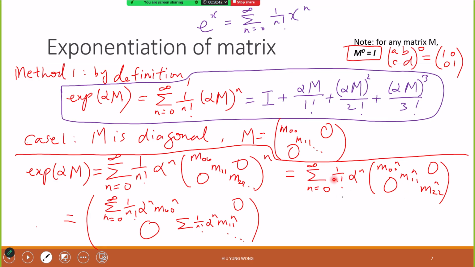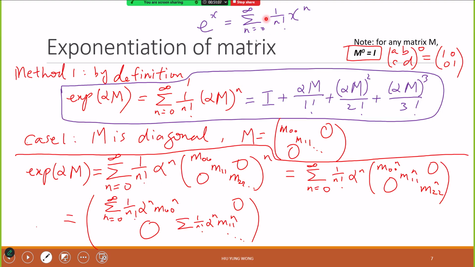First, this is a number coefficient, so I can just multiply this to each of the terms, right? That's why I get 1 over n factorial alpha to the power n, m00 to the power n. Same for other terms. And then it is just addition, right? So if I add this matrix together, it's the same as adding individual elements together. That's why I have this.